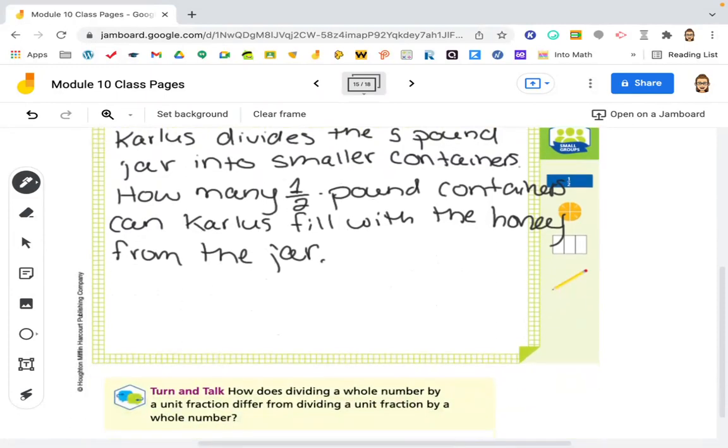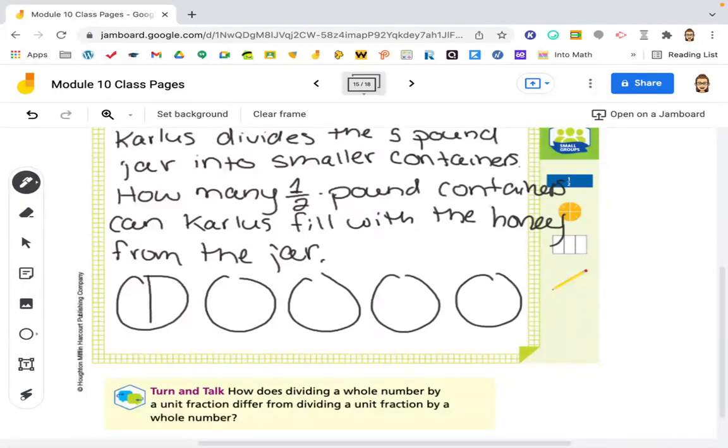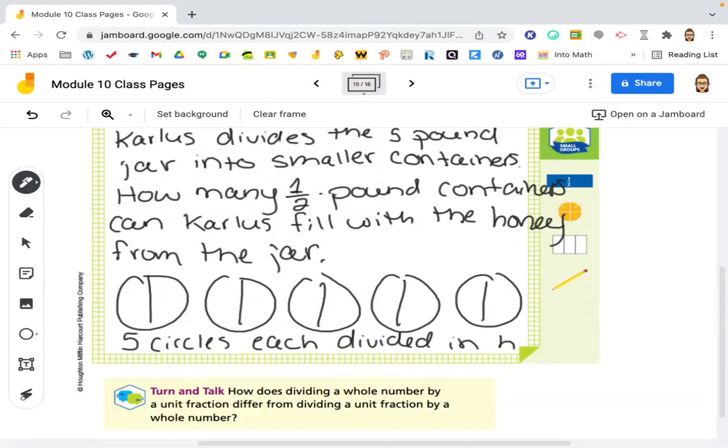And then we're going to draw 5 circles. 1, 2, 3, 4, 5. And we're going to split them in half so we get 10. So 5 circles, each divided in half, gives us 10 1/2 containers.